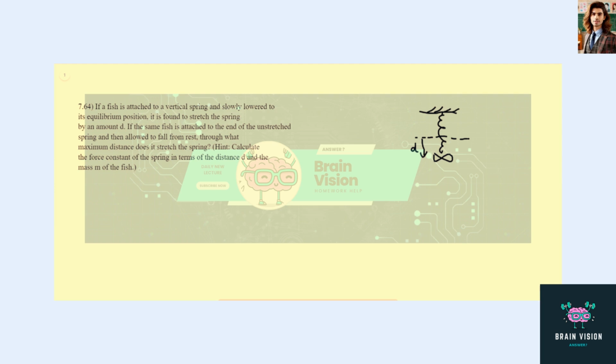If we create a free body diagram for the fish right there at its point, we'll note that it has a force due to gravity on it, but what's holding it up is a spring force, kx, where x is the distance it has been stretched, d.